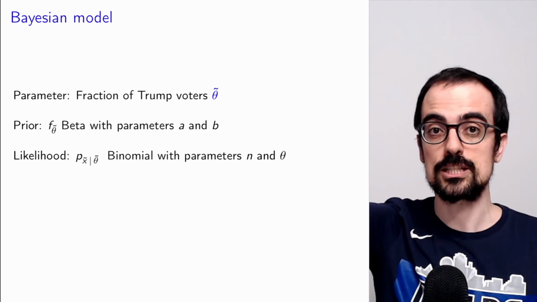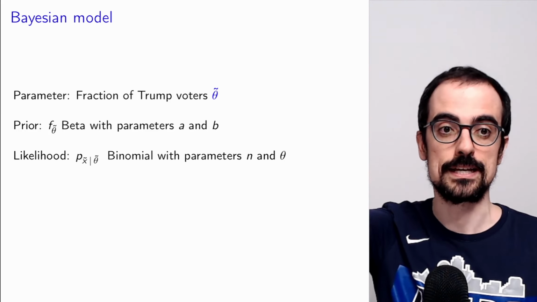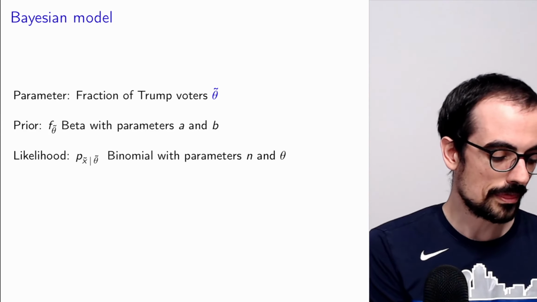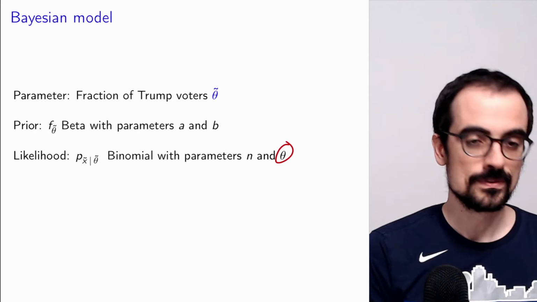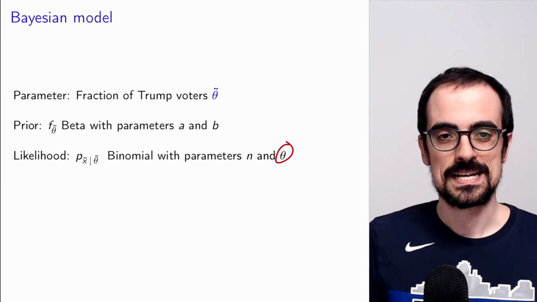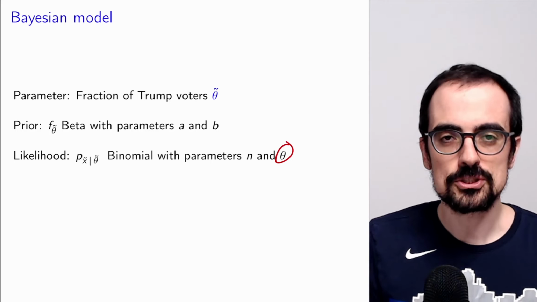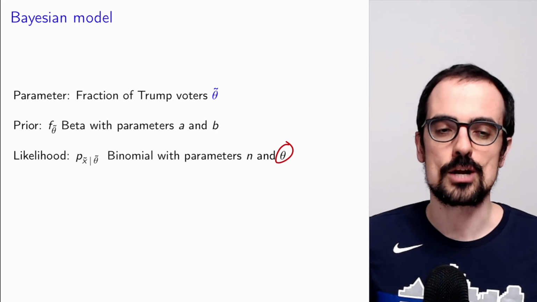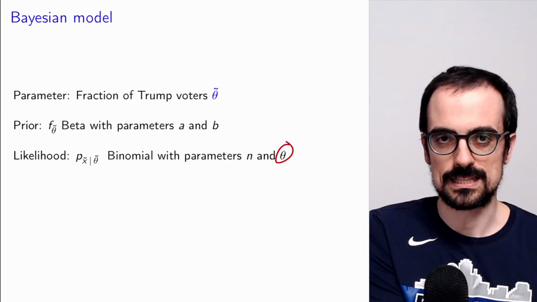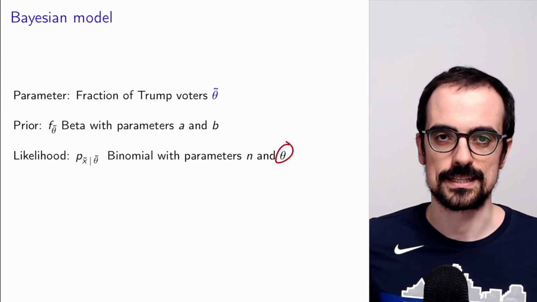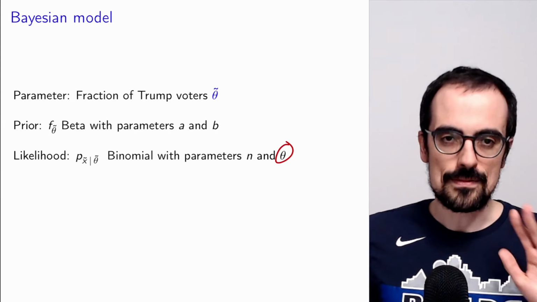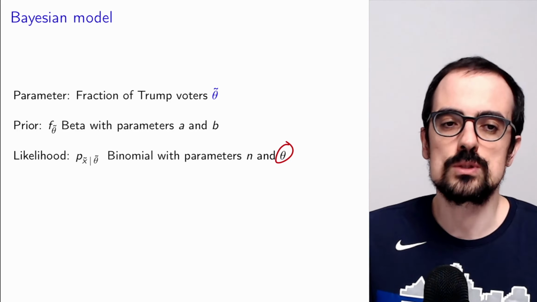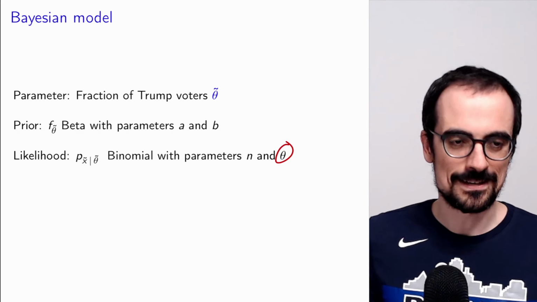If we do that, each person that we pick is going to vote for Trump with a probability theta, where theta is the parameter. This is obviously an idealized assumption, and you would have to correct for this in practice if you're doing the poll, for example, in an urban environment or not, etc. So under the assumption that we're doing uniform sampling from all of Pennsylvania, we have a likelihood that is binomial with parameters n and theta.